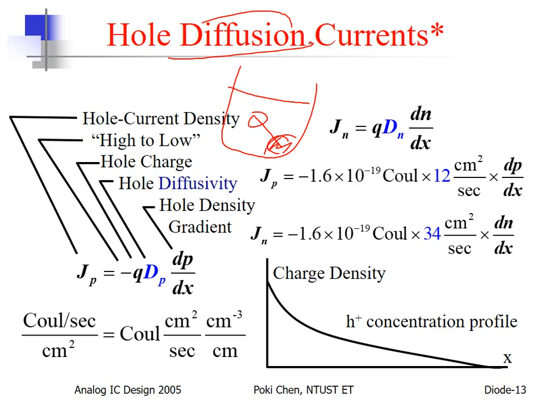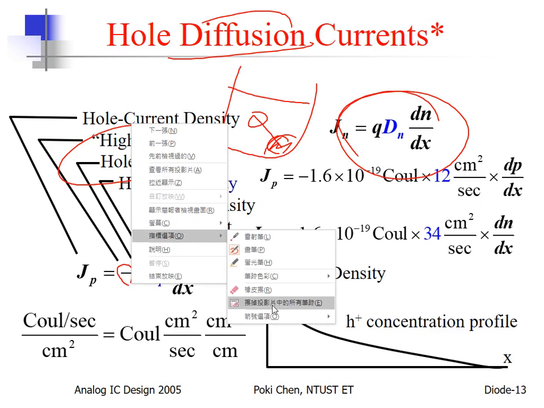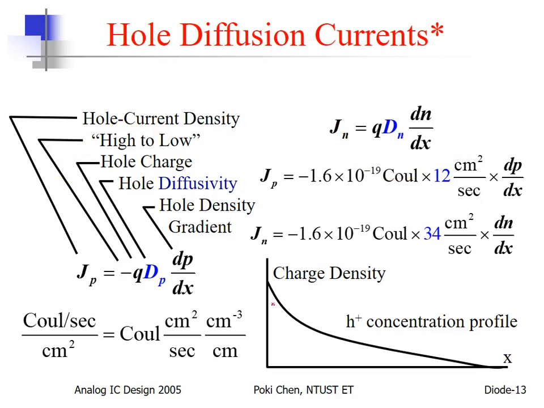That's it. So we can see, for example, this is for hole, that is for electron. They look all the same except for the minus sign. Let's focus on hole first. For hole diffusion, this is the concentration profile, the distribution of the concentration. As I told you, the tendency is from higher concentration to lower concentration.